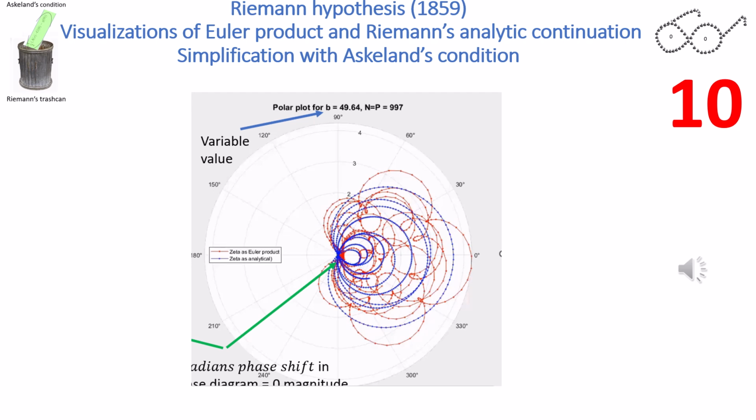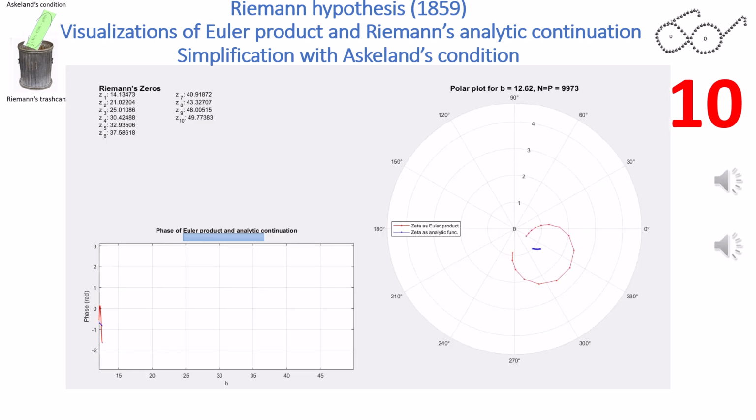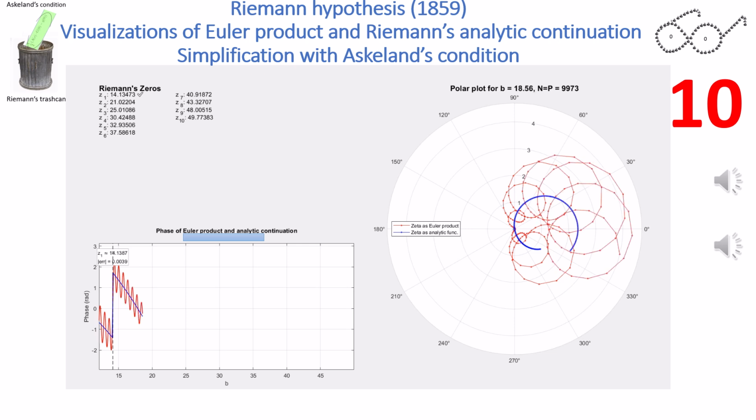So let's study what's happening when we increase the maximum prime by a factor of 10. Now the max prime of the Euler product is 9973. We should get approximately the same numerical zeros.